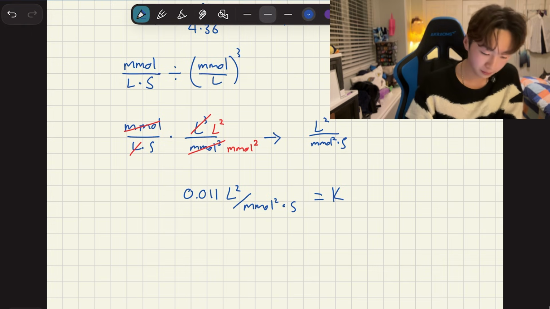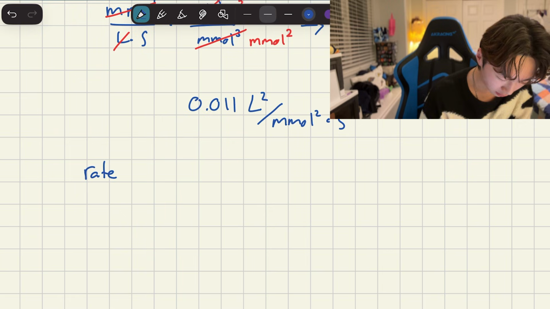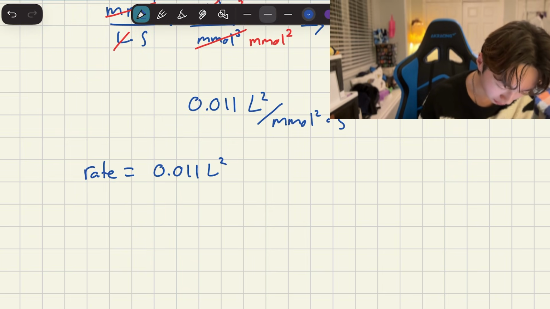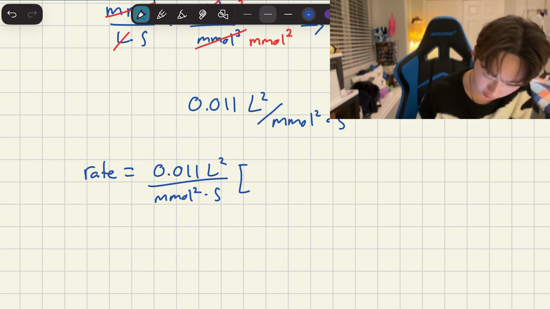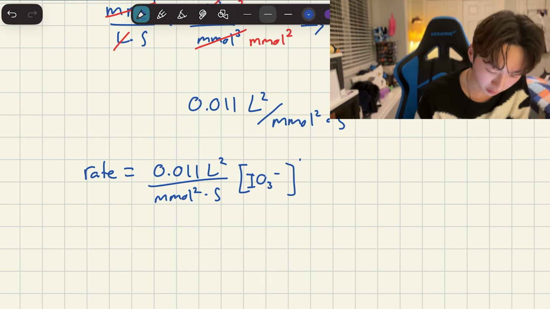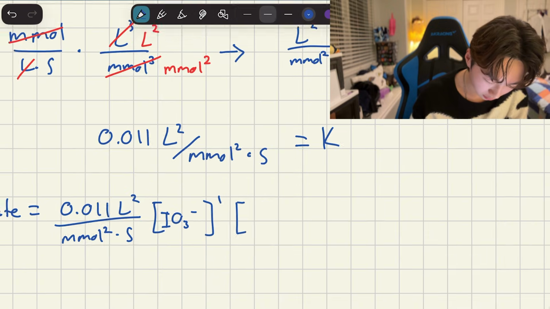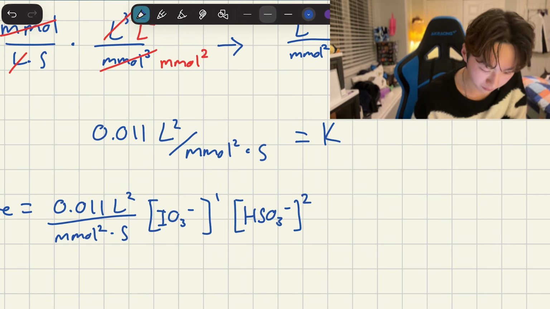And putting it all together, we have our new rate law. So rate is equal to 0.011 liters squared per millimole squared per second. And then we have our concentration of IO3 minus to the power of 1, and then multiplied by concentration of HSO3 minus to the power of 2.